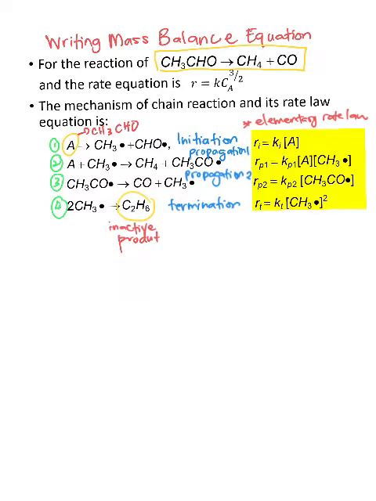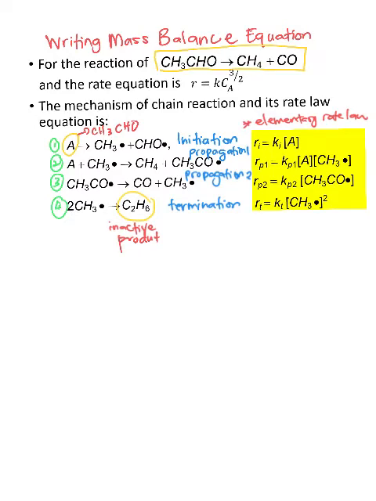Then propagation step 1, Rp1 equal to Kp1, the rate constant for propagation step 1, times concentration of A, concentration of radical CH3. And then propagation step 2, Rp2 equal to Kp2, concentration of radical CH3CO.